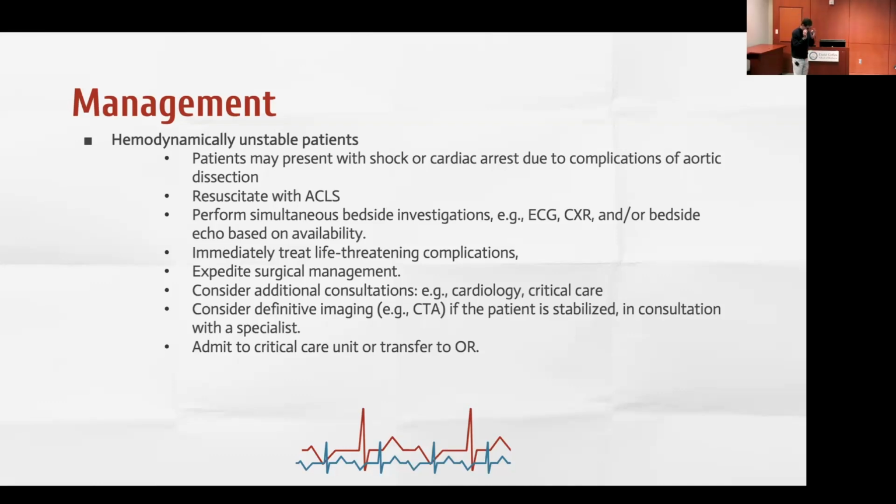The one thing that you should remember with diagnosis of aortic dissection is that the gold standard is a CTA, computed tomography angiography. And that is only really useful when the patient is stable. If they're not stable, we can't really do that.